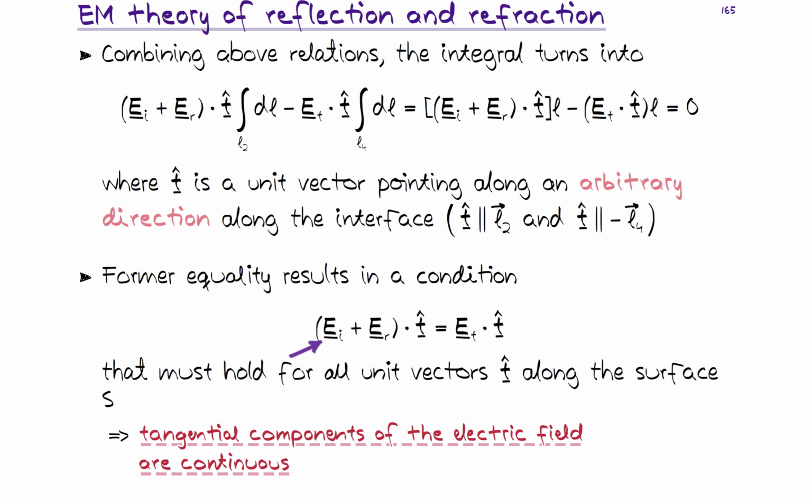And since this equality holds for all the components I can imagine, the tangential components of EI and ER are equal to the transmitted field's tangential components. So I can really take some physics out of this quite mathematical looking equation. And I'm just making use of the geometric interpretation of a dot product. Nothing more, nothing less here.